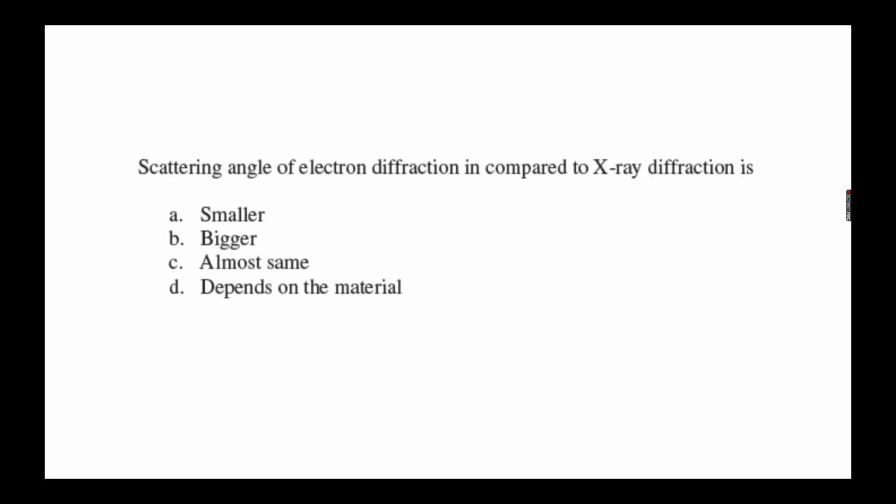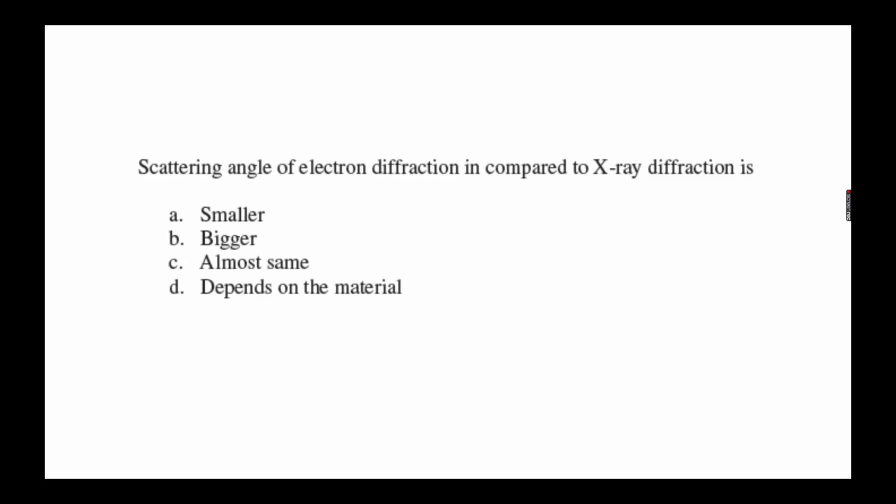Okay, so our next question moves towards the scattering angle of electrons. There are different kinds of diffraction. Electrons also diffract, and you have seen XRD, which is X-ray diffraction.